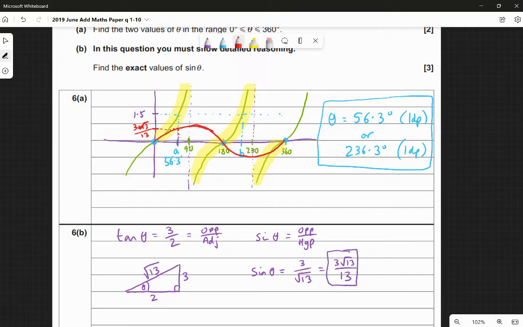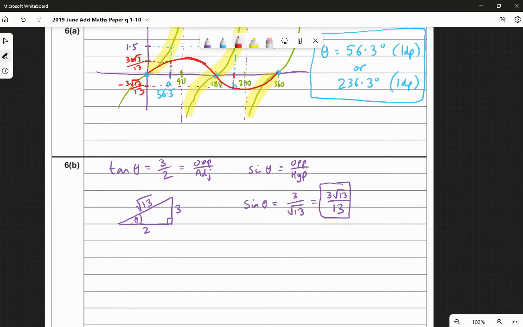However, if my angle is B, then my value of sine of B is going to be negative. Since this is symmetrical, it'll be the symmetrical value to 3 root 13 over 13, which is negative 3 root 13 over 13. So my two solutions would be 3 root 13 over 13 or negative 3 root 13 over 13.